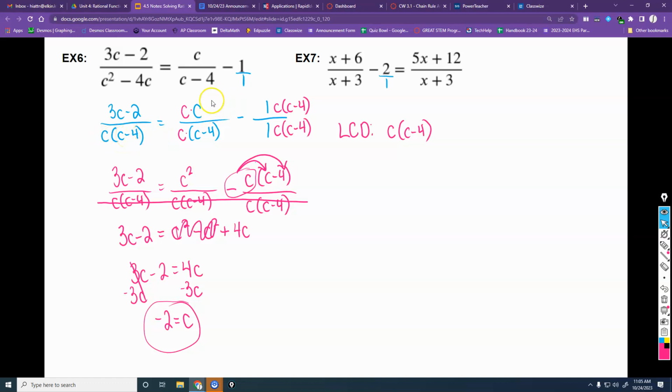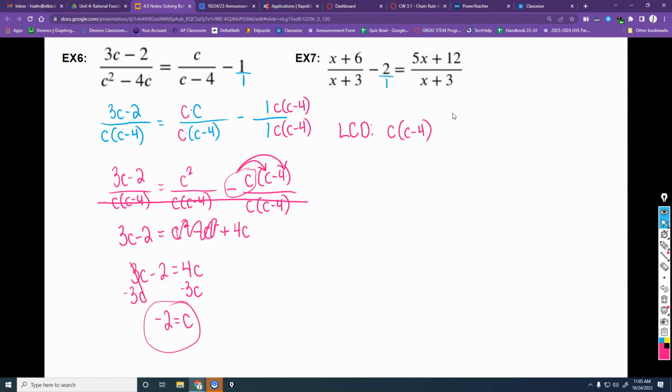I could make this one c times c minus 4 just by multiplying by the c on top and bottom. So I don't need to add anything to my least common denominator for that one. This one just has a 1, so I could multiply by c and c minus 4 on top and bottom for that one also. And so that would make all 3 of those match. So that is what I would use for that. Yes.